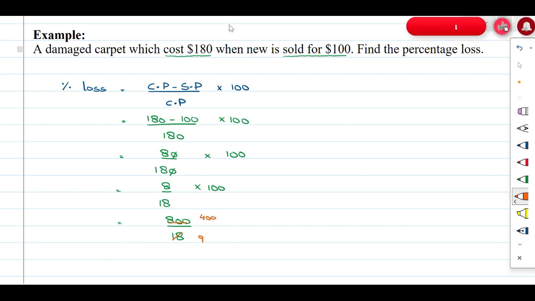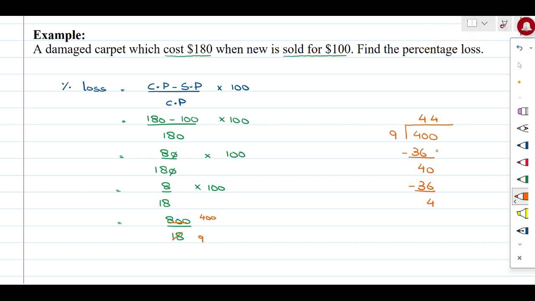So 400 over 9, or you can divide it: 400 inside, 9 is outside. 9 times 4 is 36. Subtract, 4 is left. Bring the 0 down. 9 times 4 is again 36.